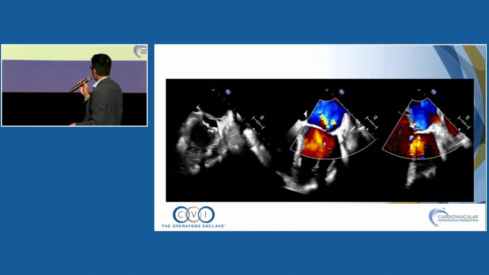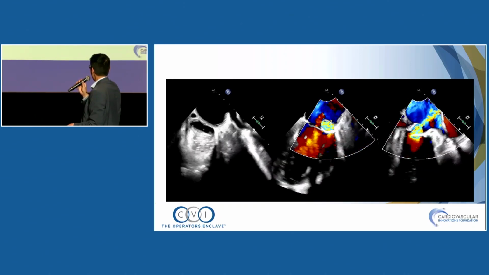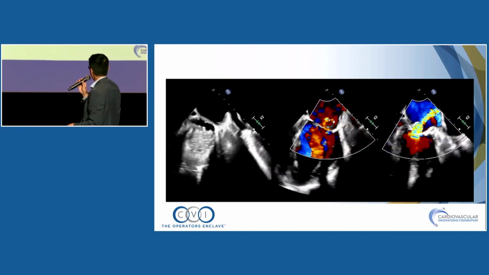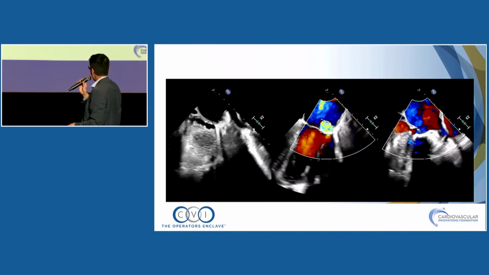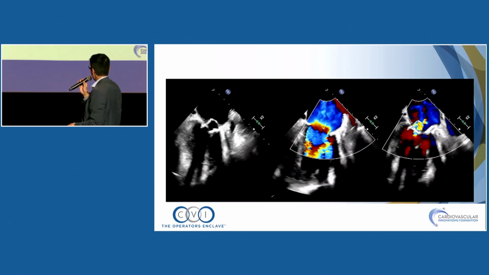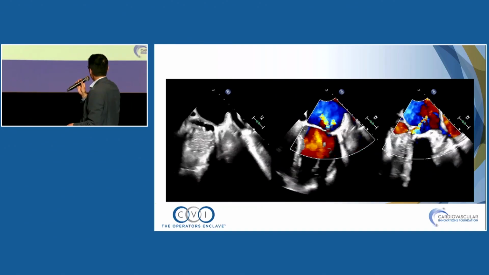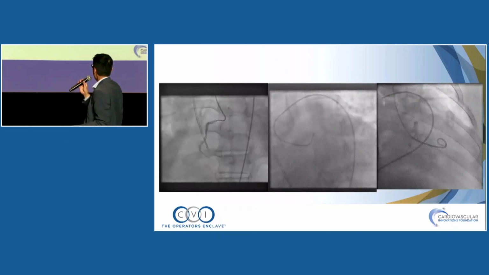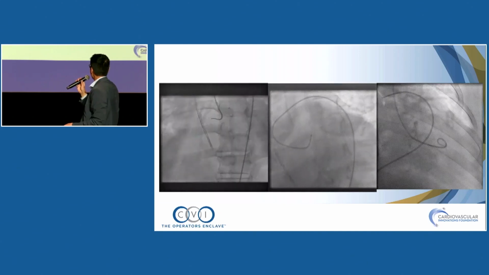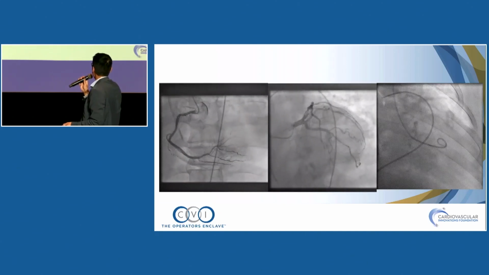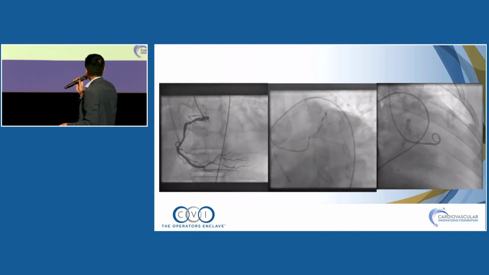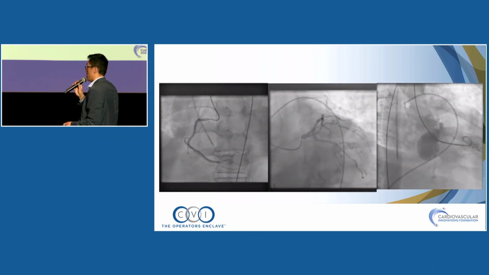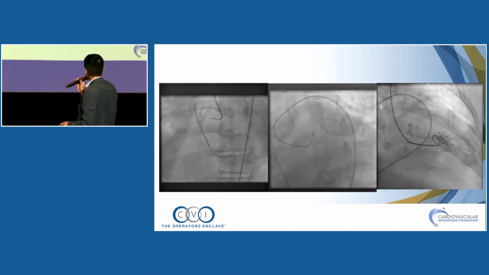It looks like some kind of necrotizing process has affected the mitral annulus and eaten through the posterior annulus, but the valve we thought was actually preserved. Here's a coronary angiogram as part of his workup. You actually can't see the LAD lesion, but the ventriculogram gives you a better impression of what this endocarditis-related pseudoaneurysm was.